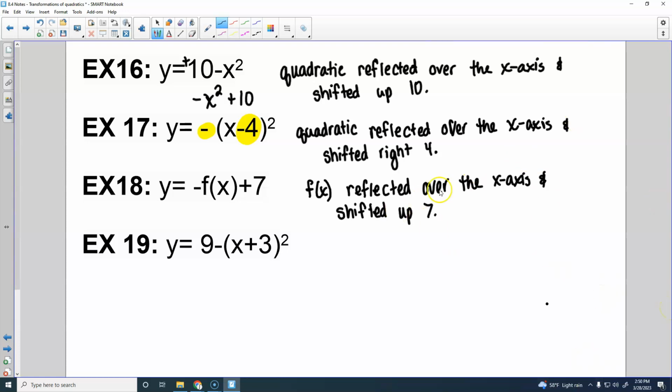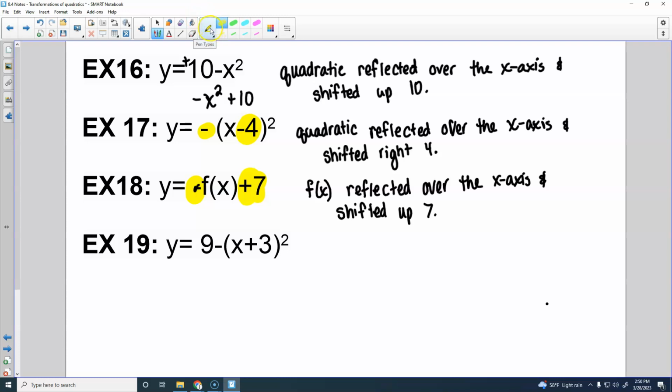So whenever you look at this, you're going to still just call it f of x. But that negative is one of the transformations for that. And then the 7 is the other.